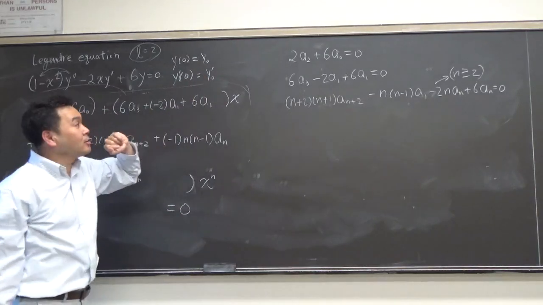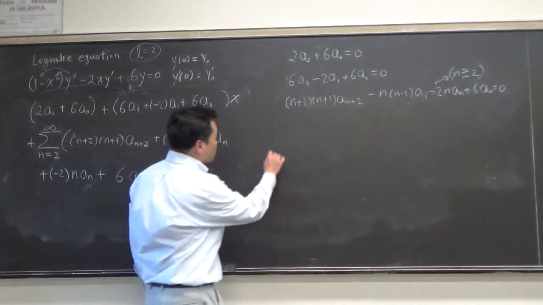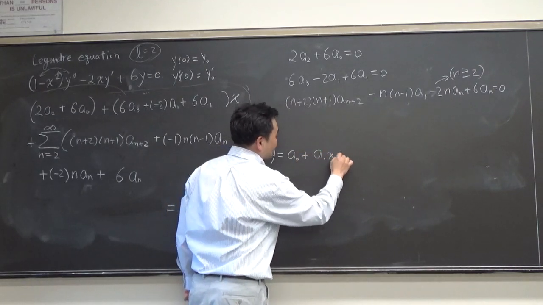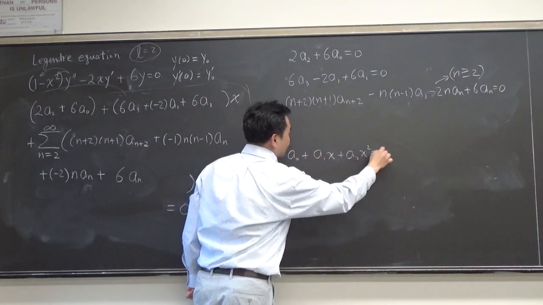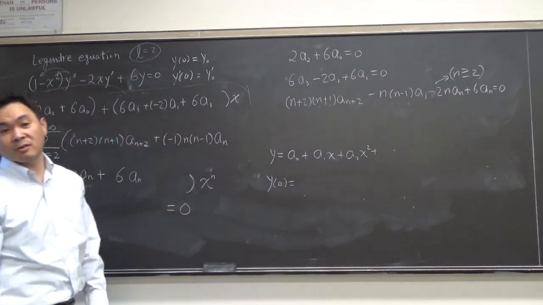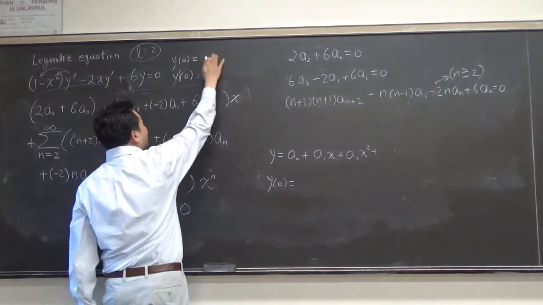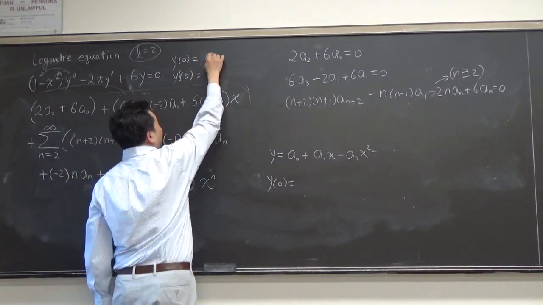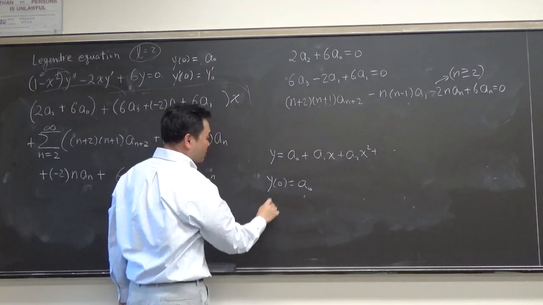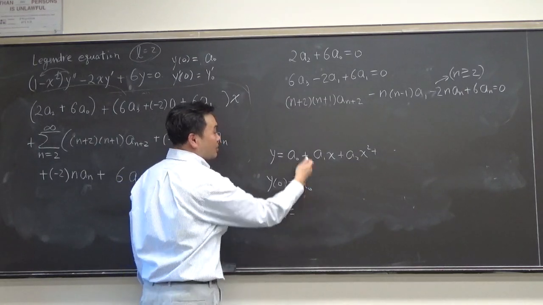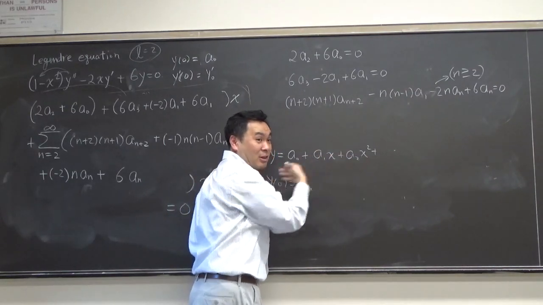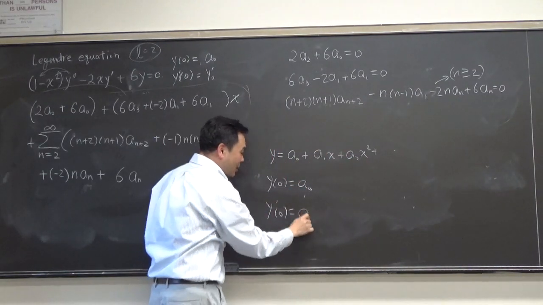Now, if your y is a0 plus a1x plus a2x squared, just like that, what's y of 0? a0, right? So what I call y0 is really a0. What's y prime of 0? a1. If you differentiate, this goes away, this becomes a1, and that's 2a2x, and if you plug in 0, you just get a1, right?